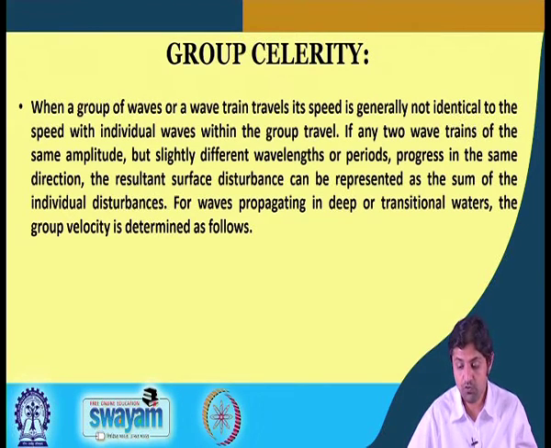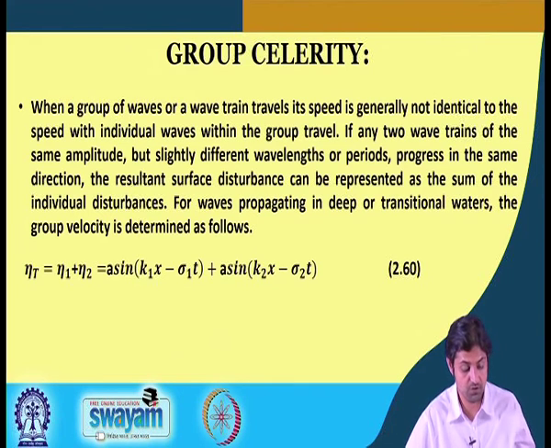So, if any two wave trains of the same amplitude but slightly different wavelengths or periods progress in the same direction, the resultant surface disturbance can be represented as the sum of individual disturbances, based on the principle of superposition. So, for waves propagating in deep or transitional water, the group velocity is determined as follows.